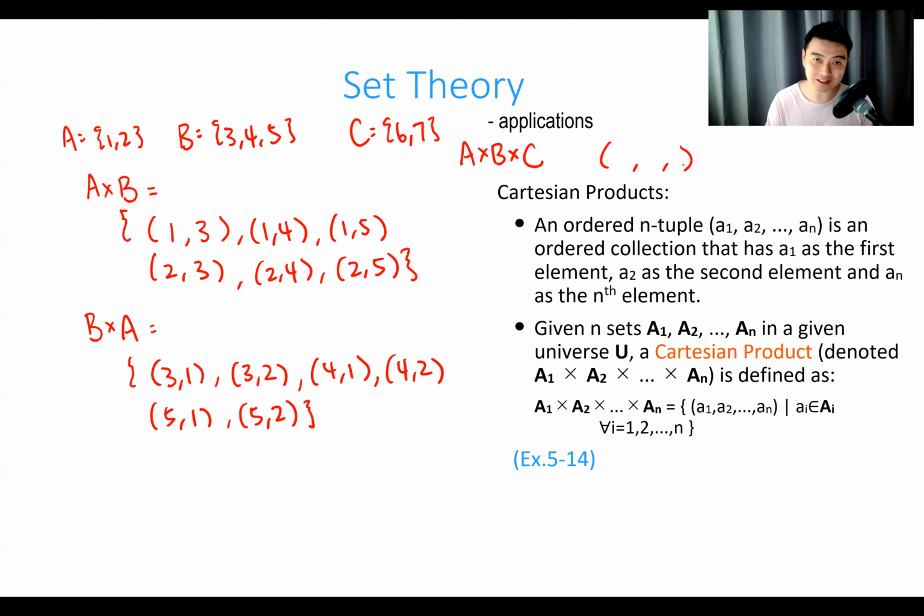The only difference here is that we have all of the different combinations where the first element comes from A, the second element comes from B, and the third element comes from C. So we would have something like (1, 3, 6), (1, 3, 7), (1, 4, 6), (1, 4, 7), and so on. All of these different combinations are going to be in the set A cross B cross C.